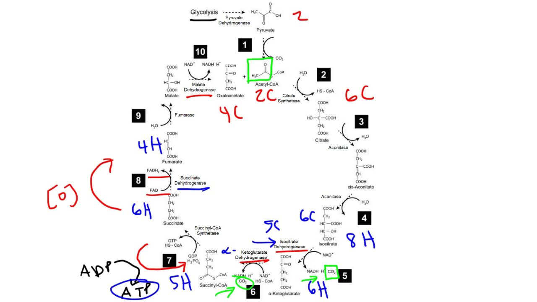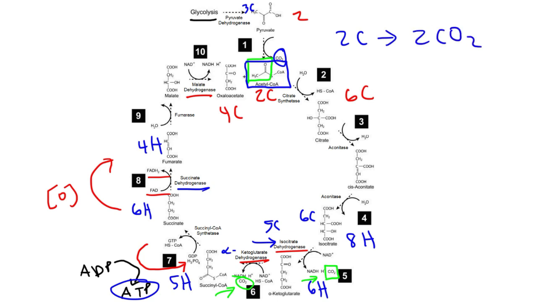Now let's summarize the Krebs cycle. So pyruvate has 3 carbon atoms. In the first step, it loses a carbon in the form of CO2, but that's pyruvate oxidation. But once we start with the Krebs cycle, that is once acetyl-coenzyme A enters it, those two carbon atoms are converted into 2 molecules of CO2.